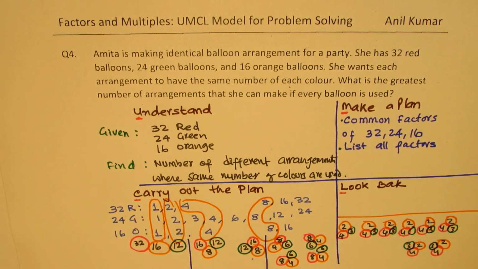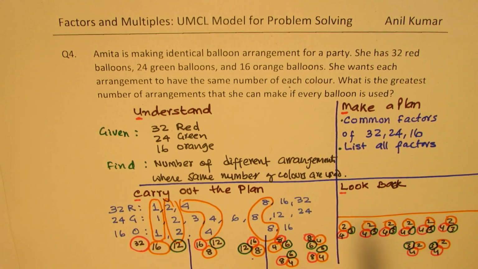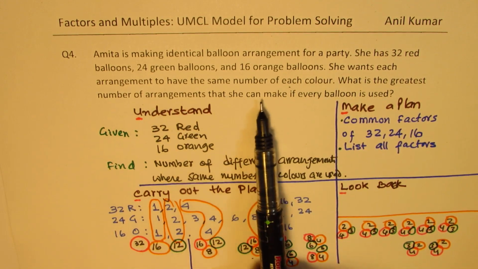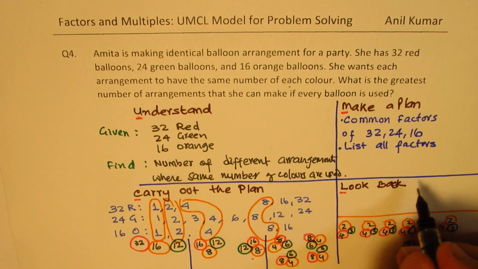So I hope that is what was expected from the question, right? So when we look back, what do we notice? When we look back, we notice that the question asks, what is the greatest number of arrangements that she can make if every balloon is used? So we can make 1, 2, 3, 4, right? So 4 different arrangements.